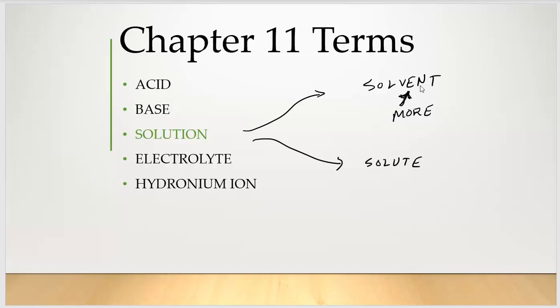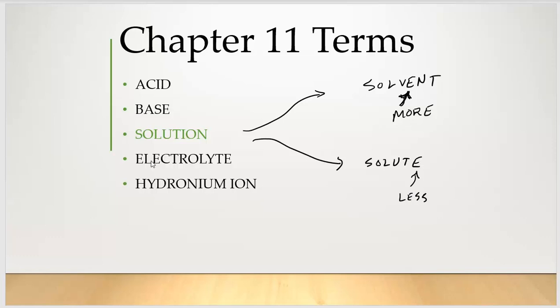So if you were to put alcohol and water into a solution, if you have low alcohol and a lot of water, then water is the solvent. If you have a low water content and a large alcohol content, then alcohol is the solvent in that case. Together these two form the solution.